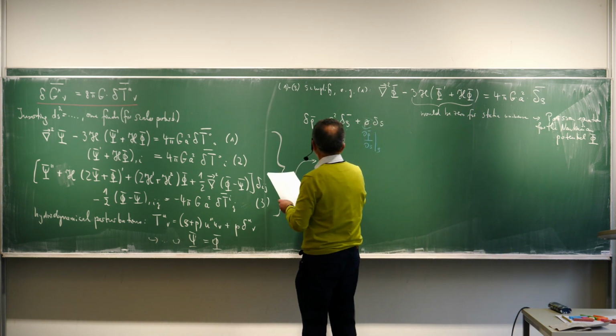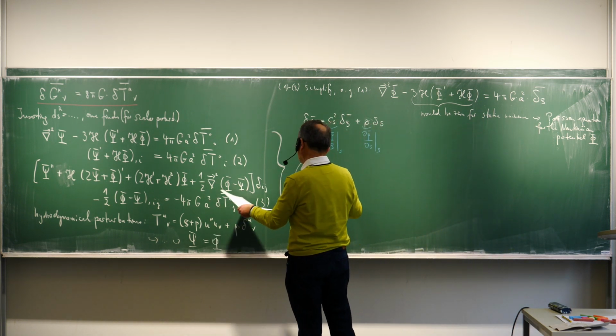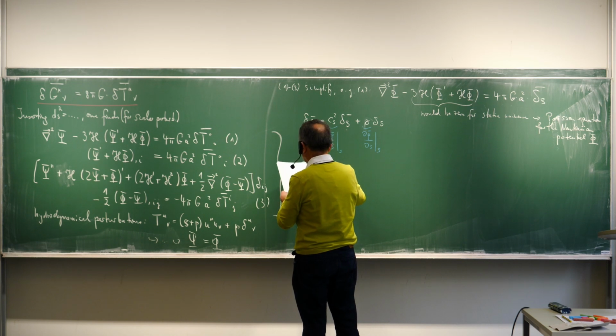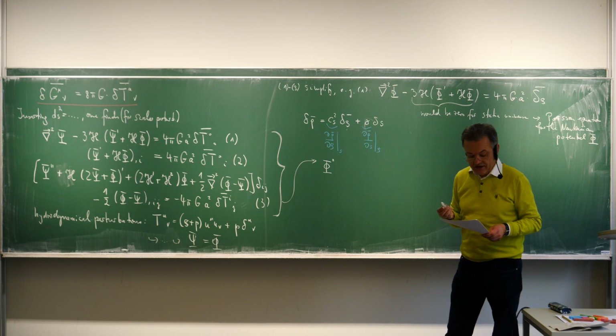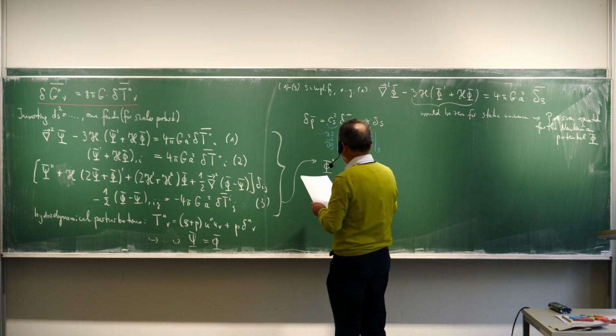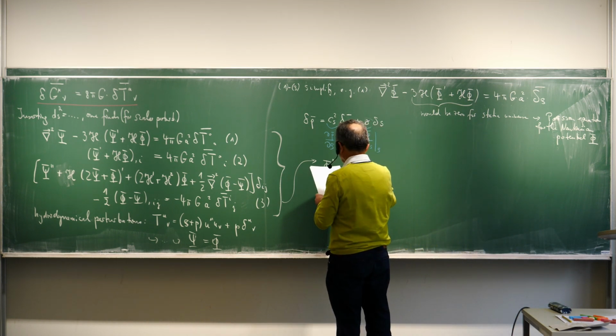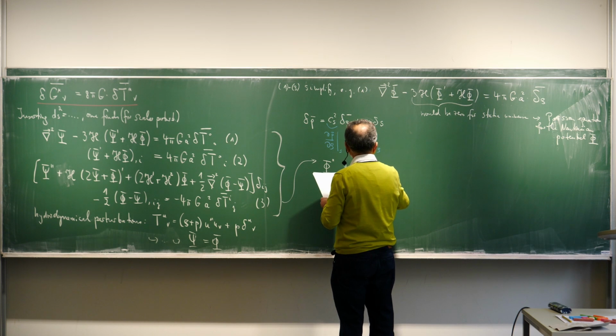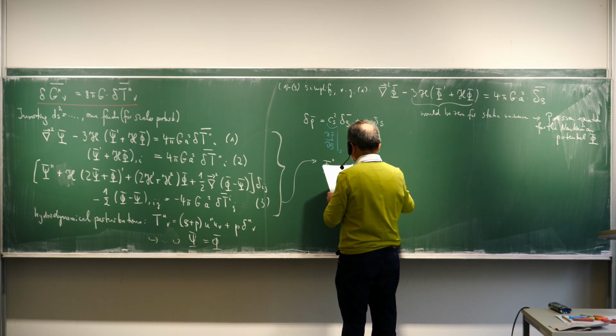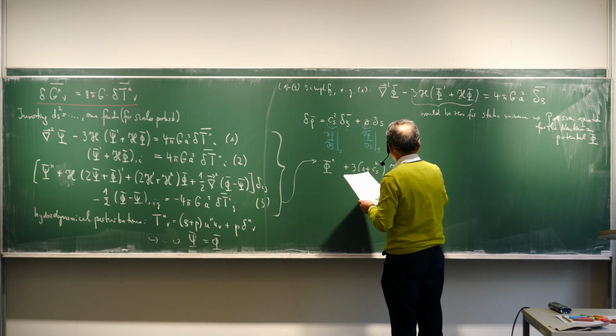So then you find from this here that phi double prime, so second time derivative, plus 3 times 1 plus c_s squared times curly H phi prime.